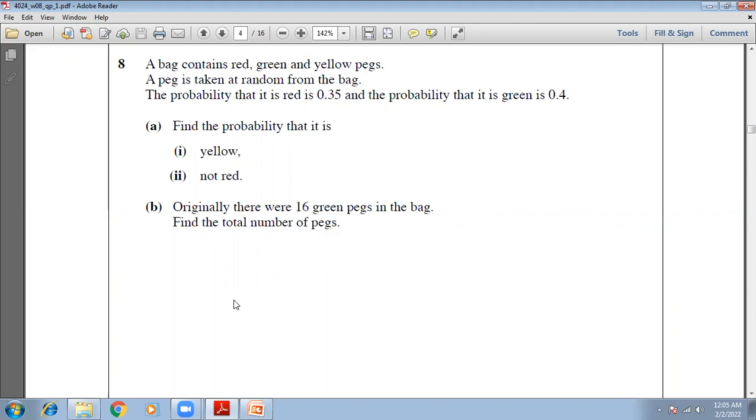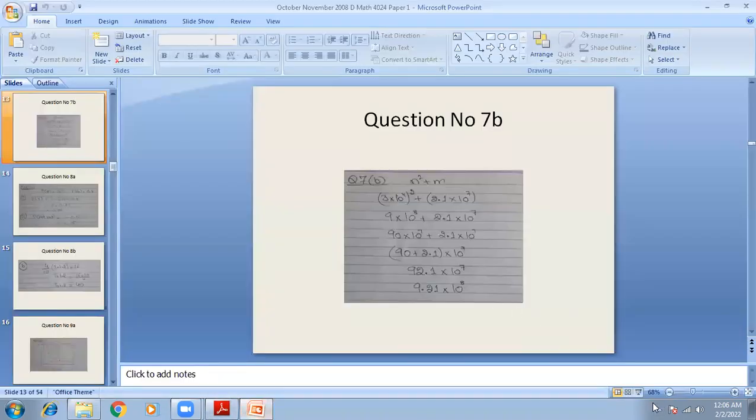Find the probability that it is yellow, because there were only three colors: red, green, and yellow, and the probability of the red and the green we know, and the probability of the last one we want to know. The total probability is always 1. So from 1 I will subtract 35 by 100, and I will subtract 4 by 10. So the remaining will be the probability of the yellow. And let me show you how we have done this.